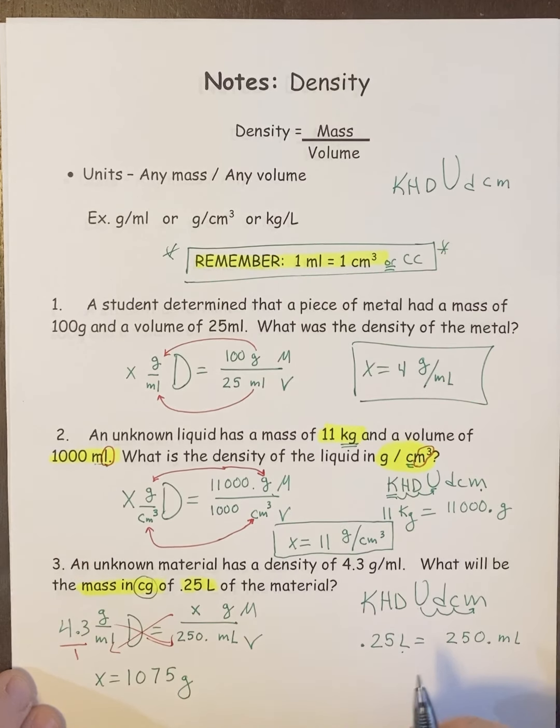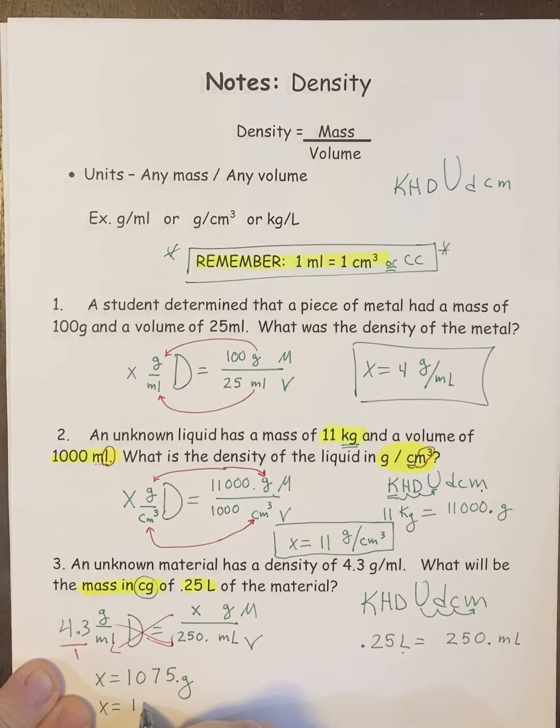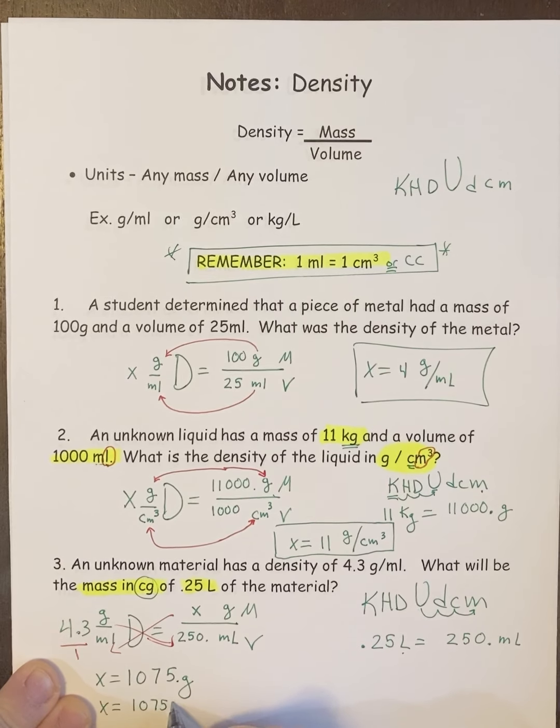So now I'm going to have to use King Henry again and go from grams to centigrams. I'm going to have to move the decimal 2 to the right. And that is my final answer.